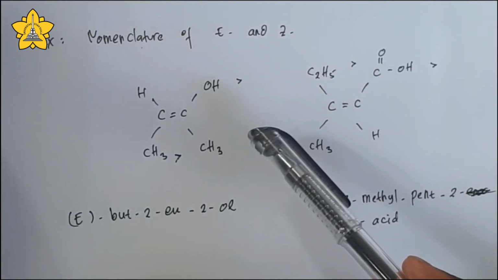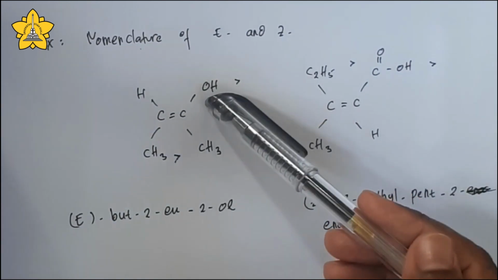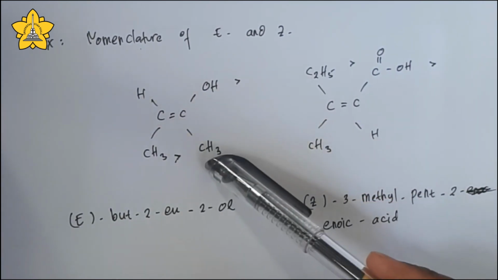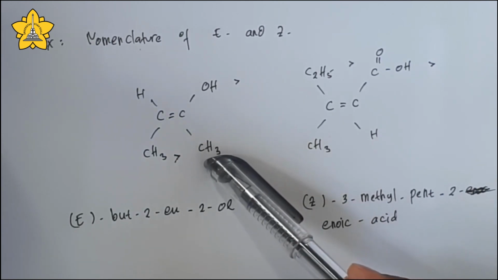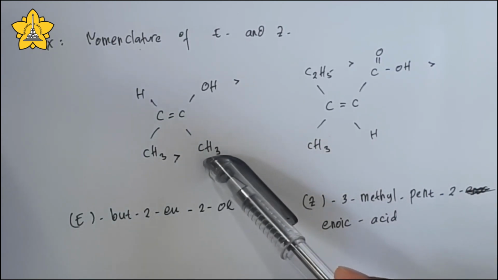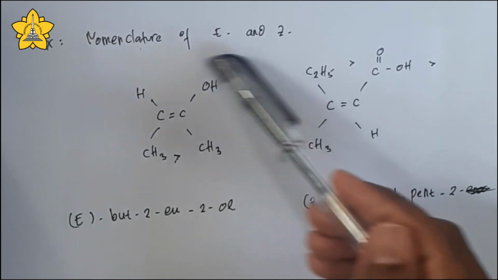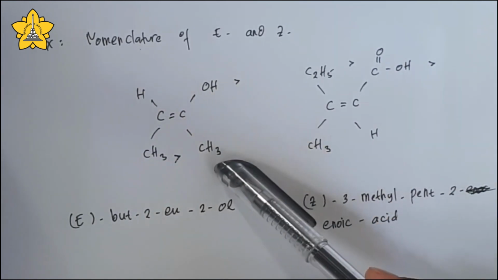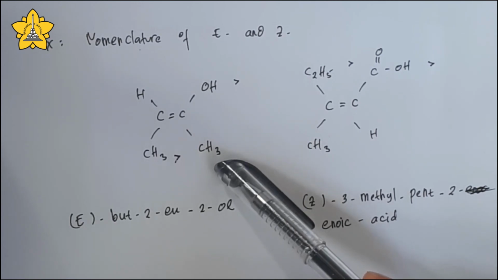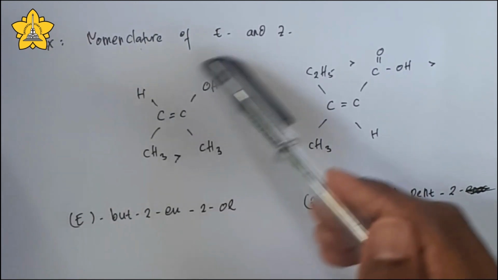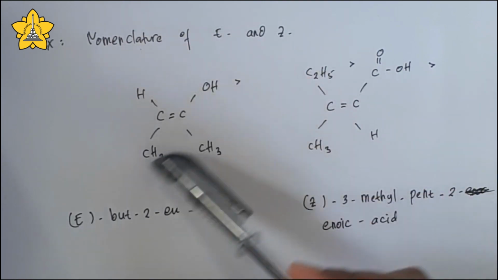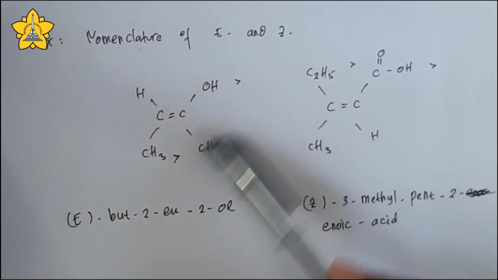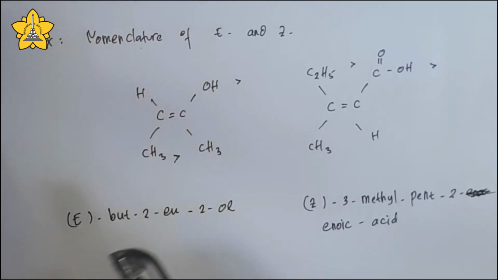We know that oxygen's atomic number is larger than carbon's atomic number, so it's clear that the hydroxyl substituent has higher priority than the methyl substituent.